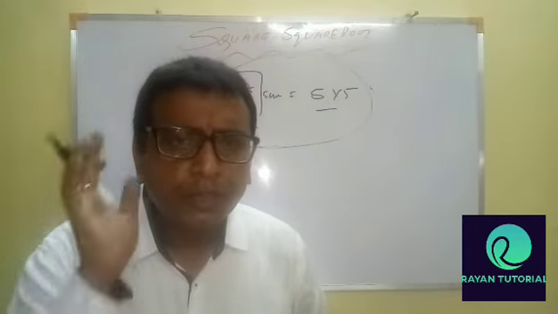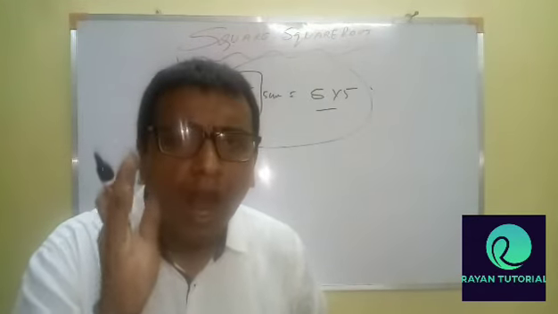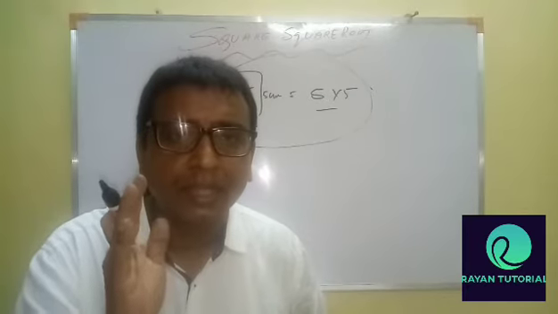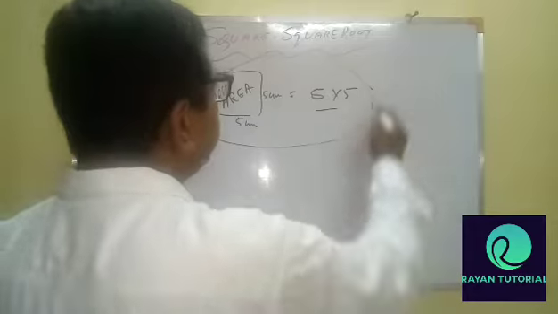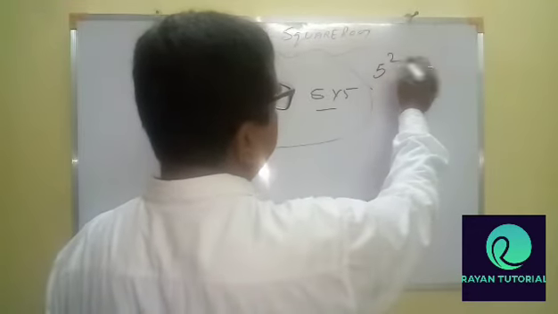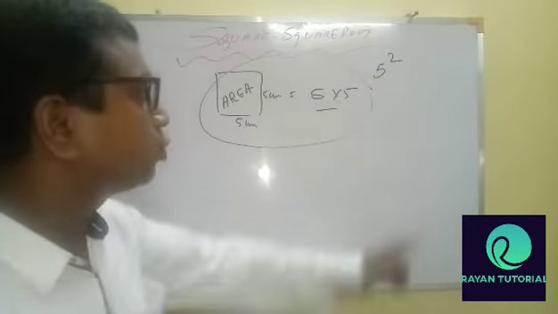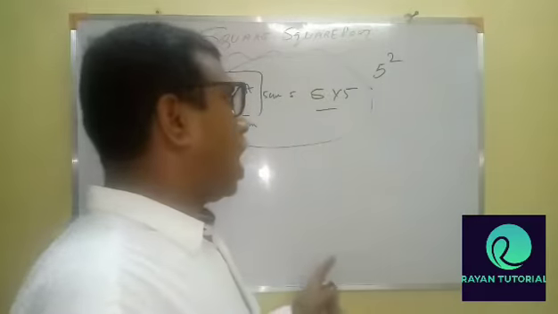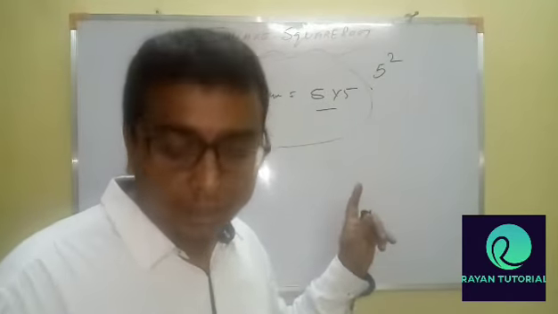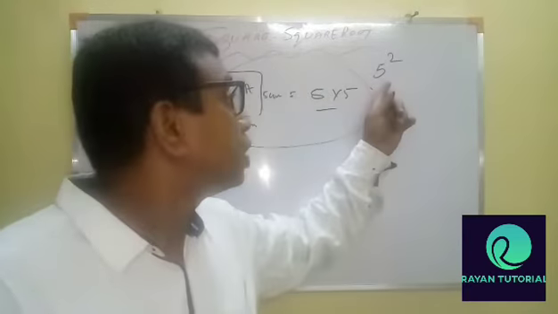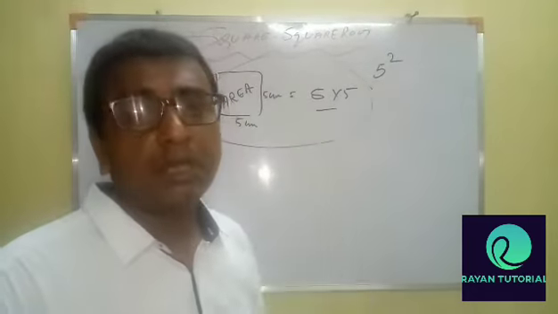Always remember, whenever you will be asked to square something, that number into that number, and it is written like this: 5 to the power 2. I think all of you have done exponents or powers, so this is a part of the power.